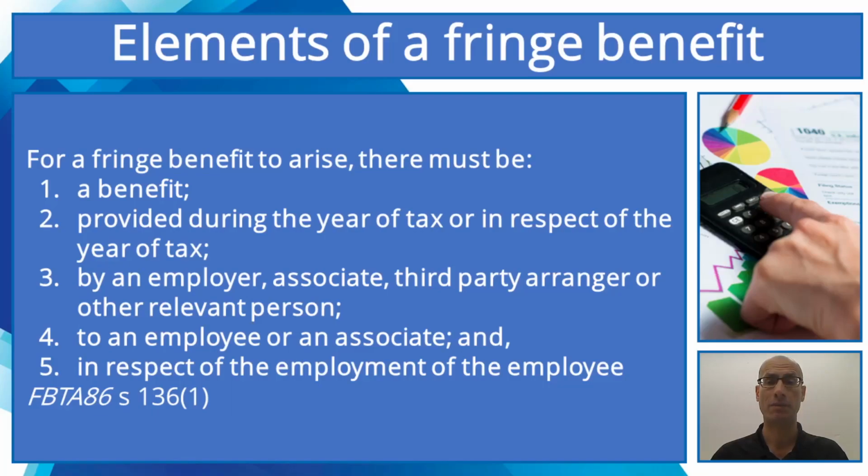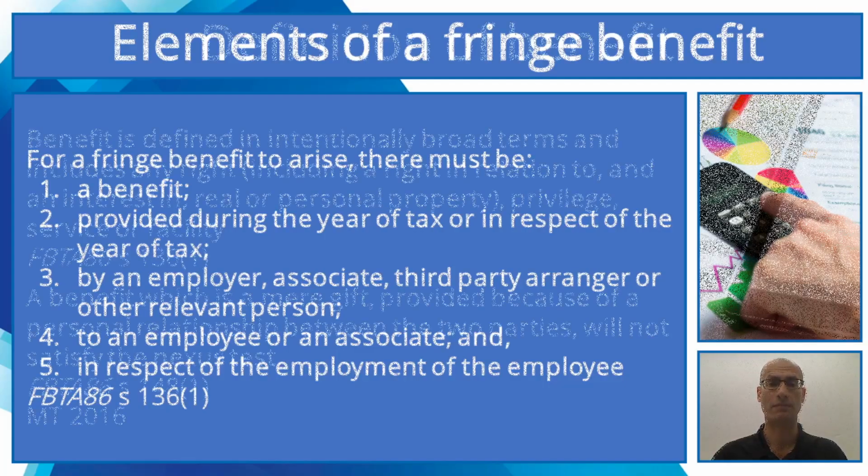And the benefit can be provided either to the employee or to an associate of the employee. And most importantly, the benefit has to be related to the employment of the employee. So benefits that are provided ex gratia or as a result of some sort of familial or friendship orientation in regards to an employee and not related to employment won't be fringe benefits and don't fall within the ambit of this system.